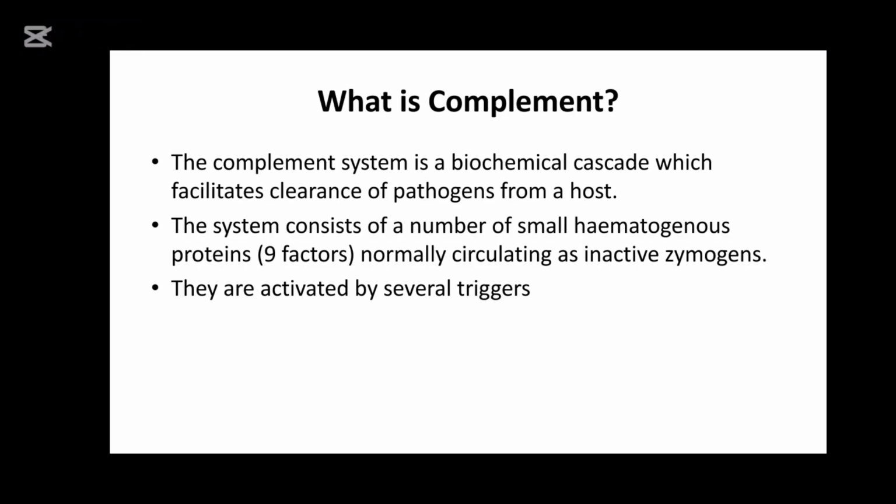The system consists of a number of small hematogenous proteins, meaning that they are found in blood, 9 factors, normally circulating as inactive zymogens. In the body we have enzymes that are secreted inactive.